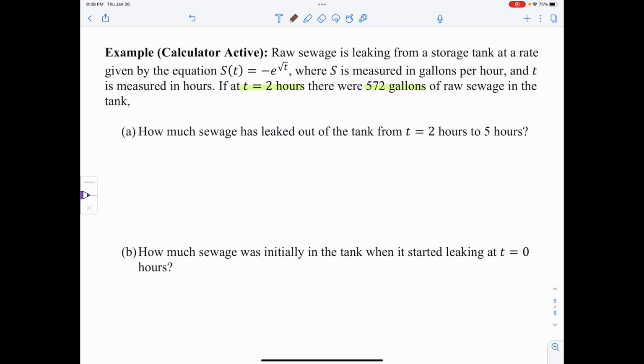So that means we want to calculate the net change in gallons of sewage from 2 to 5 hours. So we are going to integrate S of T. And you do not know how to integrate that yet, so you are going to type it into your calculator. We'll get our approximation.